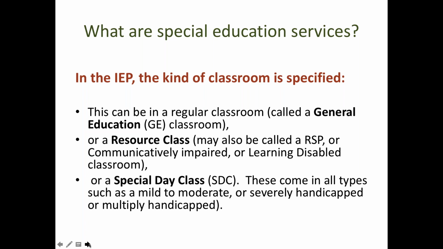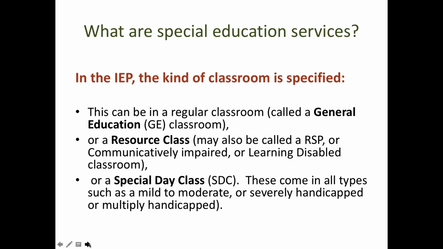There's what we call the regular classroom, or the classroom where neurotypical kids are, which we call general ed or GE class. There are resource classrooms, which are sometimes called RSP, right? They can also be called learning disabled classroom, a communicatively impaired classroom, the reading specialty classroom.